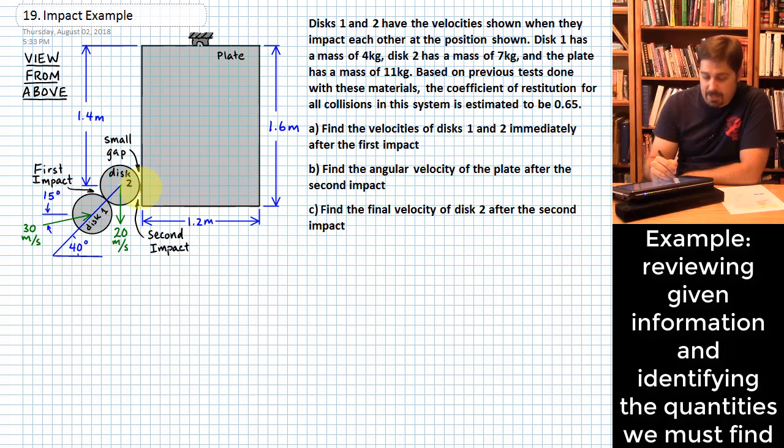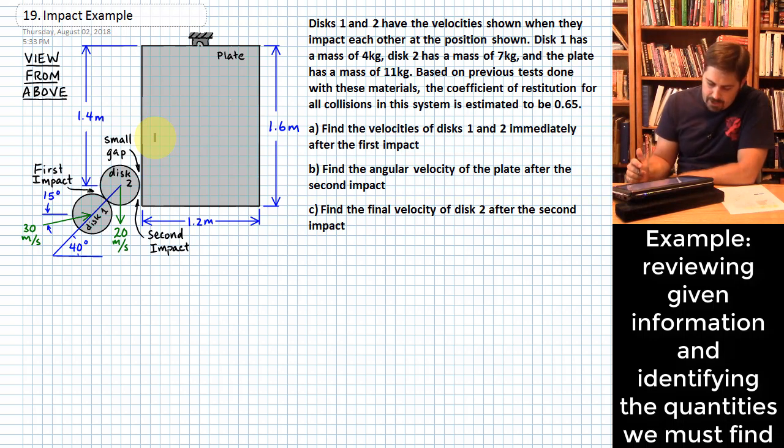The reason that I make a big deal about that little small gap right there is that I want to make sure that we think of this as two distinct impacts. There's going to be a first impact that happens when disk 1 runs into disk 2. Then there's going to be a second impact: due to how disk 2 is perturbed in that first impact, disk 2 is then going to impact the plate. And we're going to deal with those two impacts sort of sequentially here.